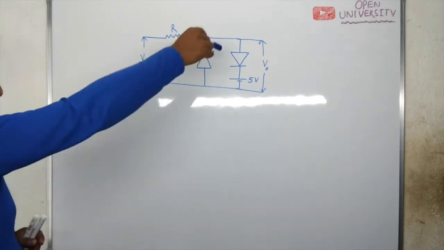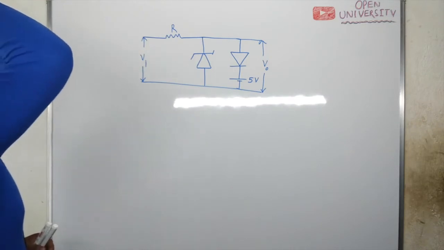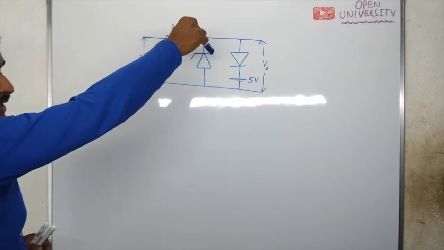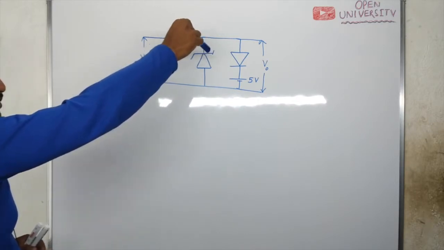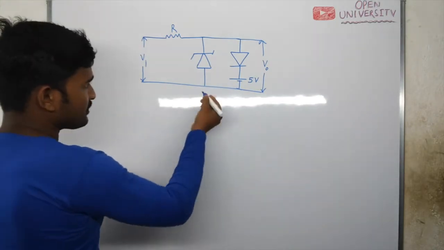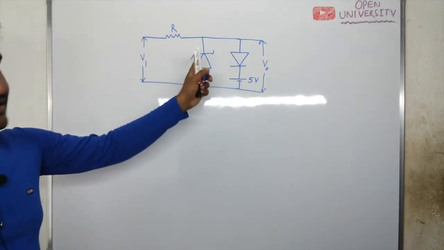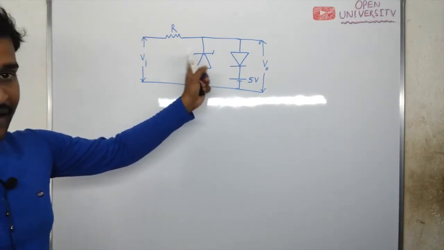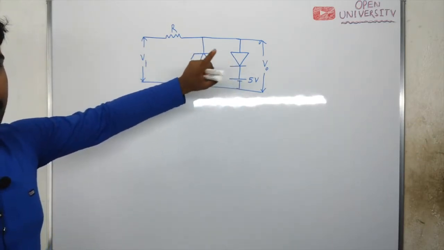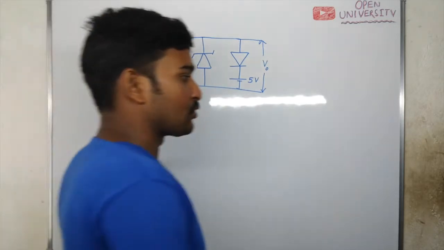Now these Zener diodes and normal diodes have cut-in voltage how much? 0.7 volt. So first redraw the circuit by considering cut-in voltage. Since they are not ideal diodes, they are practical diodes, we will replace all these diodes with a series combination of an ideal diode and a battery of 0.7 volt.